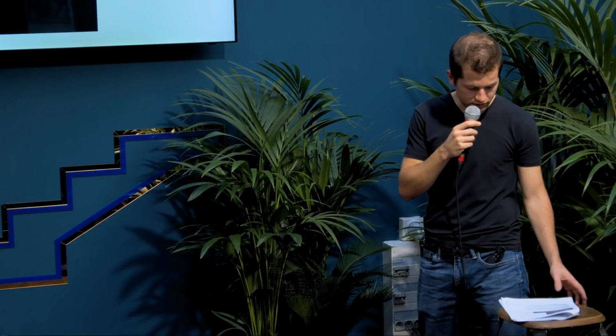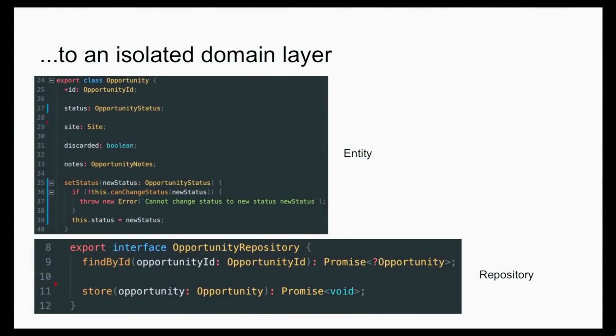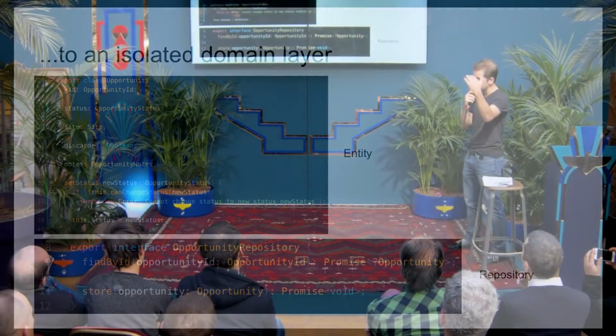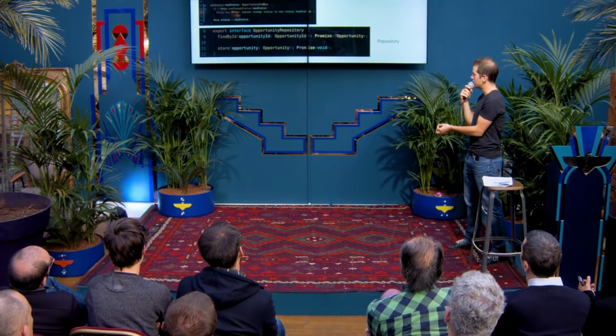So that's what we moved away from, towards the situation we have right now, where on top we have our entity. This is the same opportunity object, but we have two major differences with the one we had before. One, this object is much more nested, much more deep. It's not just a long list of fields. We have objects inside objects.